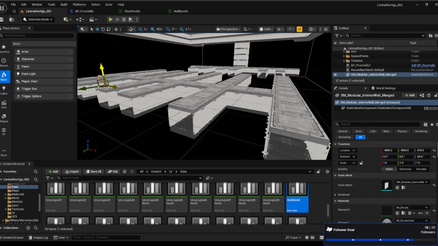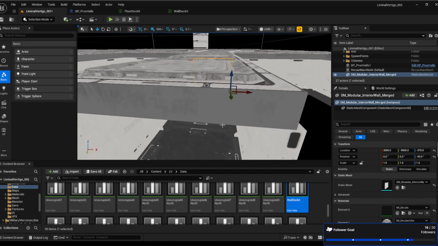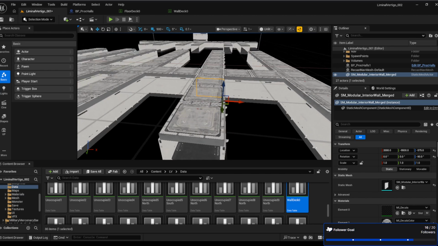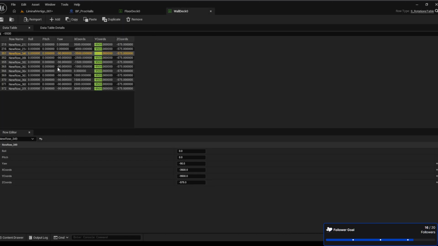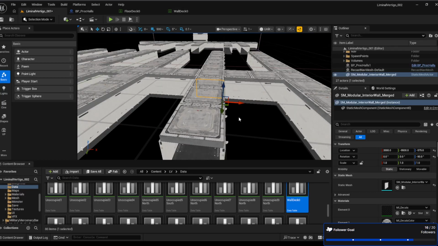Back to 9.5. I need to block 2,000, unblock 1,500. That's not right. 2,500.